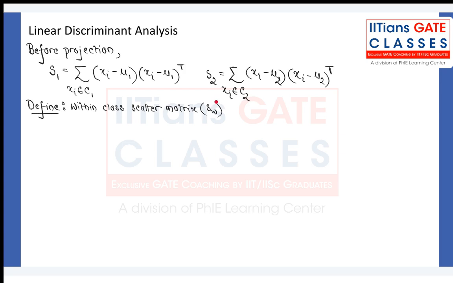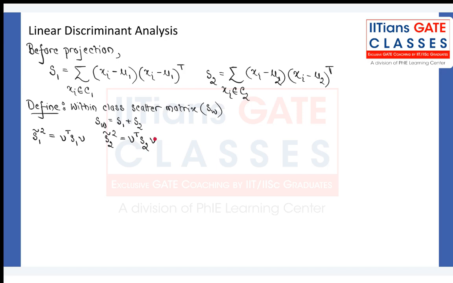And the SW is nothing but S1 plus S2. So with this notation, I can say that my S1 tilde square is nothing but V transpose S1 V, and S2 tilde squared is V transpose S2 V.